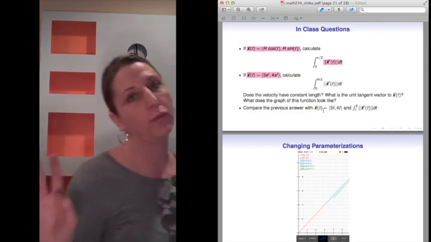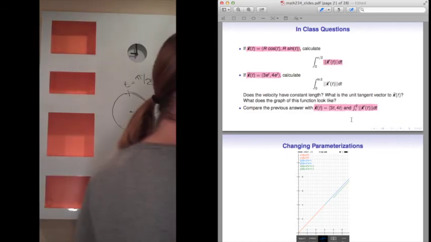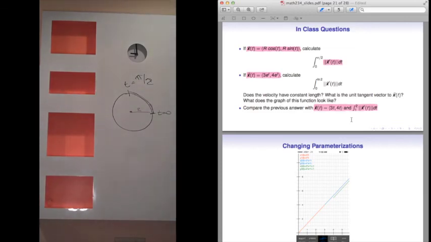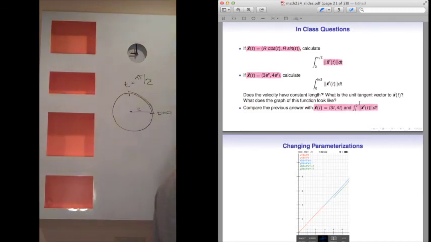This just makes the math work out nice and easy. And I'd like you to compare that with the arc length of the next function, x of t equal to 3t, 4t, calculating its length between time points 0 and 1.